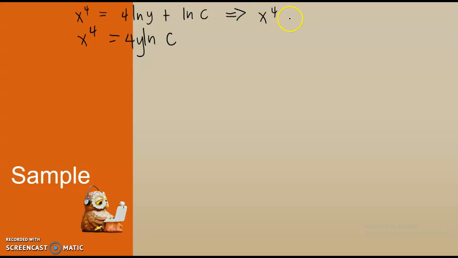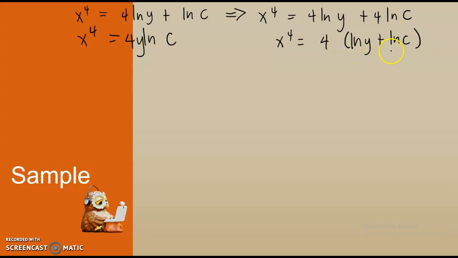We have x to the fourth equal to 4 ln y plus 4 ln of c. Get the common factor, magiging x to the fourth is equal to 4 ln of y plus ln of c. Since this one is from the properties of ln, pwede nating gawing x to the fourth is equal to 4 ln of cy. Tama?